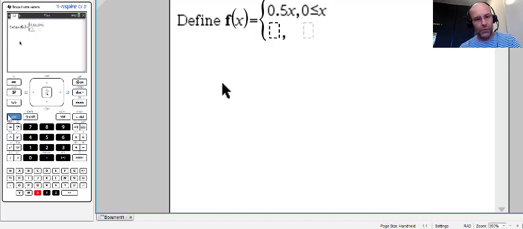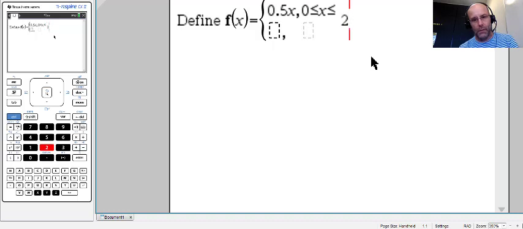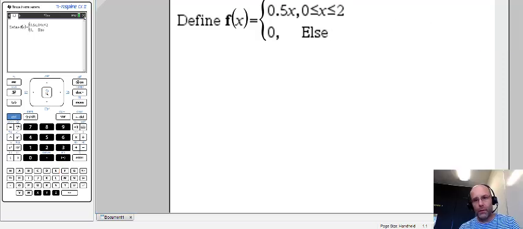X and 2. It's done it again, it likes to jump down there. And 0, and a good way to do that is else, because that does the job. And then we hit enter.